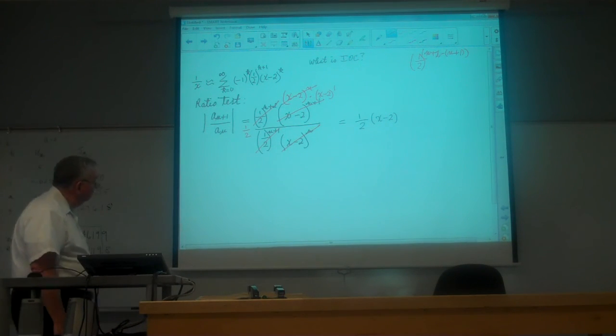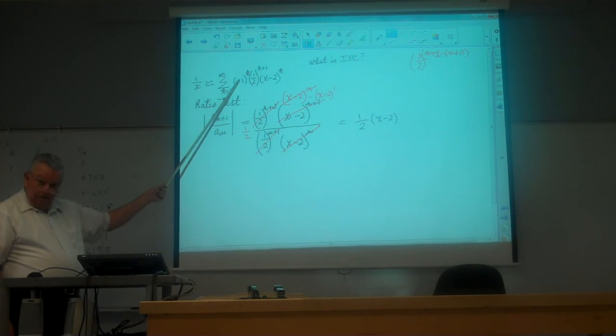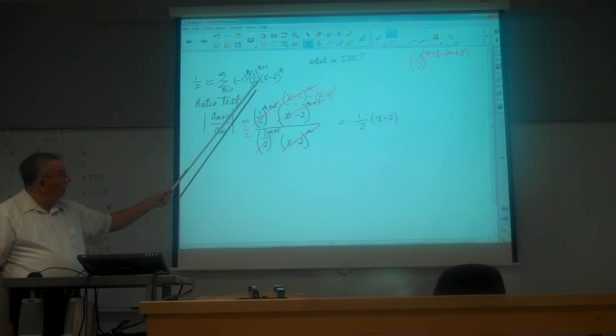Would it not go over all those? Would it? Remember, it's in absolute values, right? So I can throw that -1 away. Would it be K plus 1 over K?